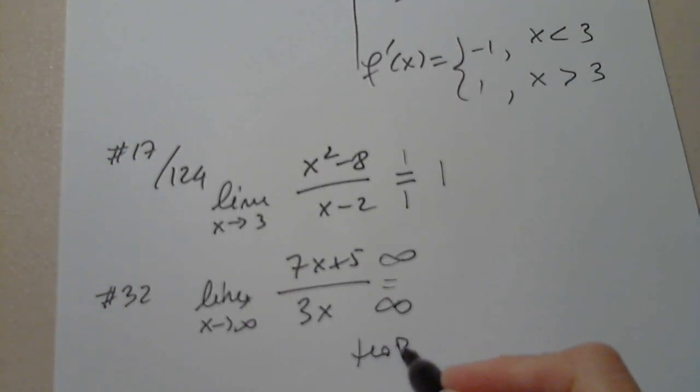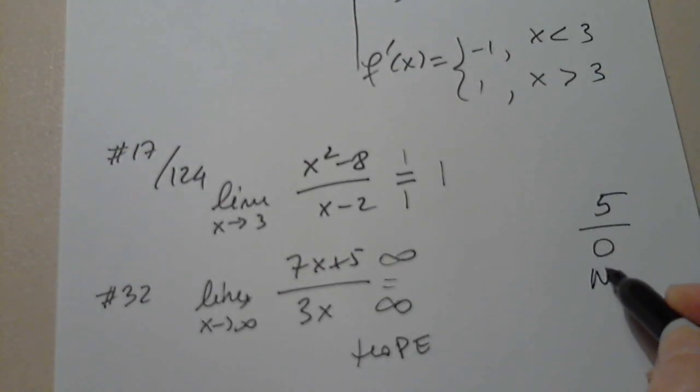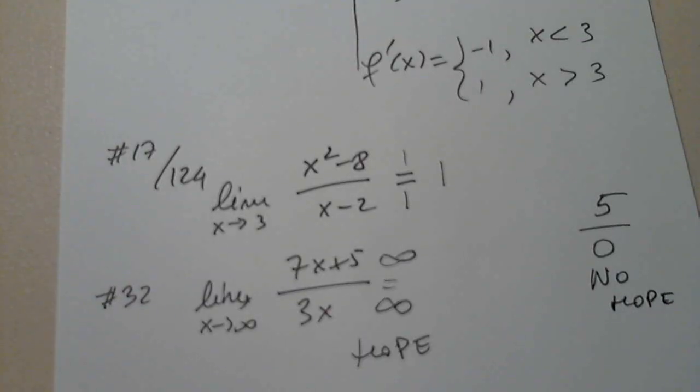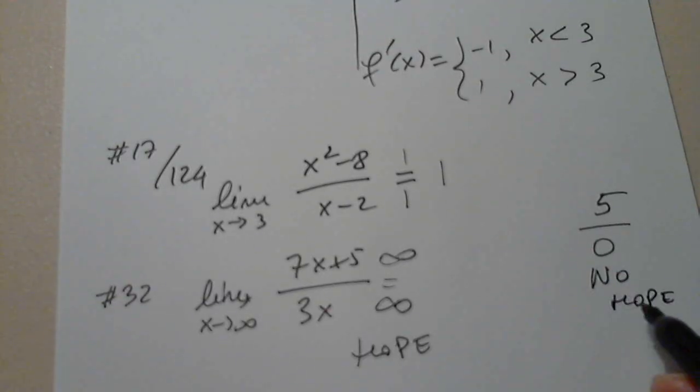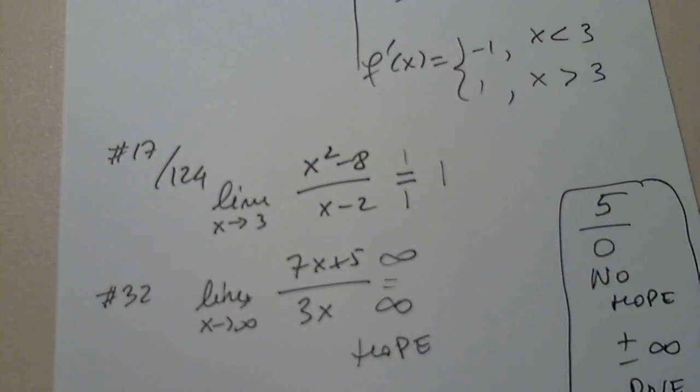There is hope that the limit exists. In the case of 5 divided by 0, there is absolutely no hope. If you remember, we talked about those cases. So the answer in this case is positive or negative infinity or DNE. But infinity over infinity, 0 over 0, these have hope.